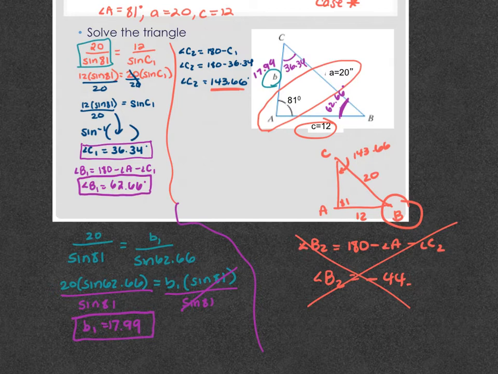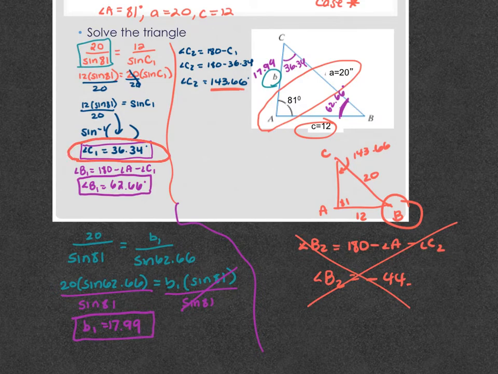Andy, why did you try to find the second triangle with C? You thought it was B. So the information that they give you at the beginning is true for both triangles, right? But the way you start your second triangle is the first angle you find from the first triangle, which in this case was angle C. We found C first.